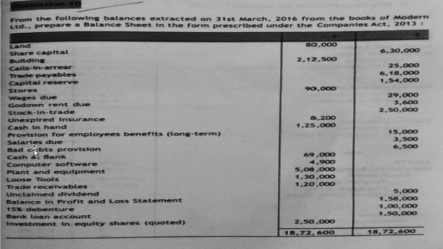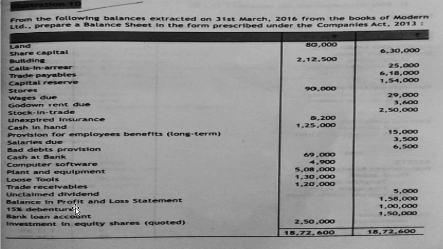Then salary due, which is outstanding, bad debt provision, which comes under short-term provisions, cash at bank, which comes under cash and cash equivalents, computer software, plant and equipment, loose tools, which come under your assets. Trade receivables, unclaimed dividend will come under outstanding, which is your liabilities.